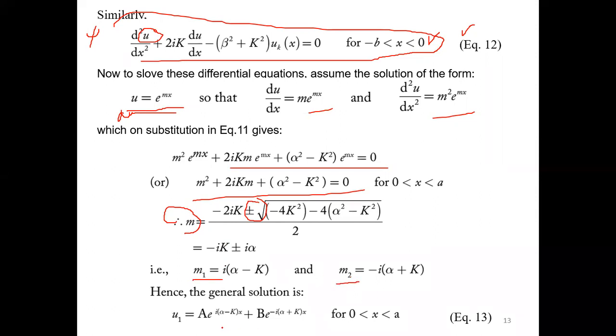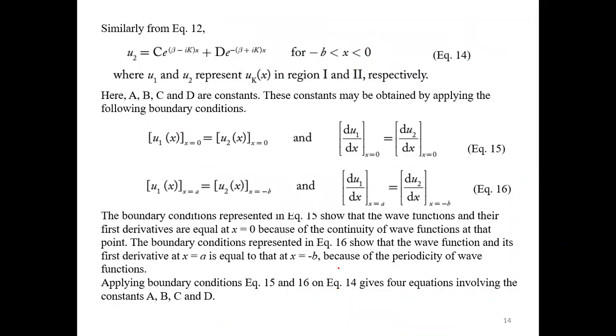Hence the general solution, since our solution is e to the power mx, will be a e to the power m1x plus b e to the power m2x. That is for region 1. And then if we substitute this in equation number 12, we will get this one.